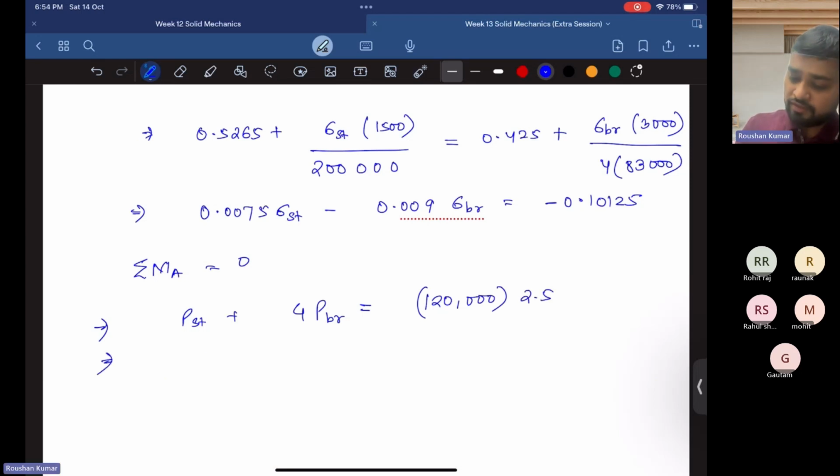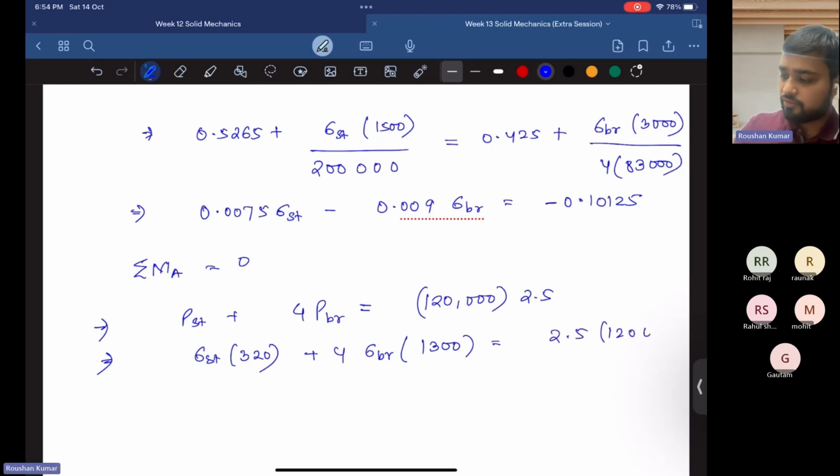And P of the steel is given by sigma of the steel into area. The area of the steel bar is already given, 320 mm square, plus 4 times sigma of the bronze into area. And the area of the bronze bar is given 1300 mm square. If we calculate this, we come out to a relation between sigma of the steel and sigma of the bronze: 16.25 sigma of the bronze plus sigma of the steel equal to 937.5.